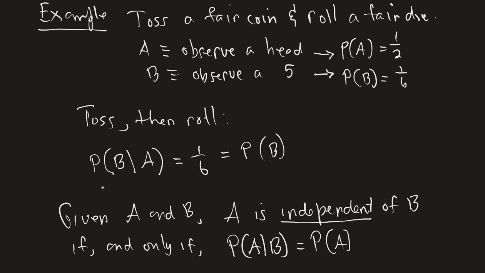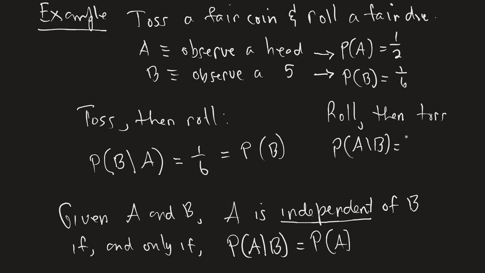So similarly, if over here we roll, then toss, look at what happens. So given I know what happens on the roll, what's the probability of us getting a head on the toss of the coin?